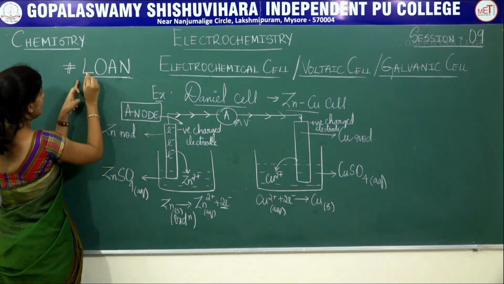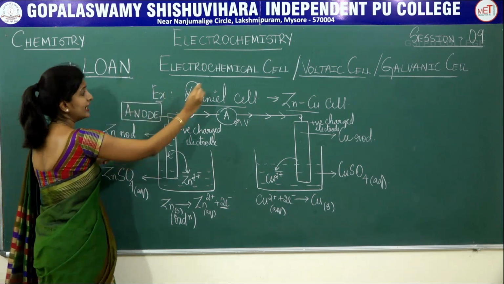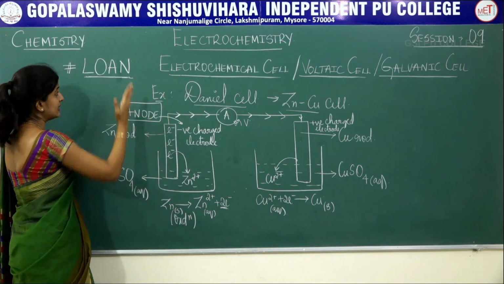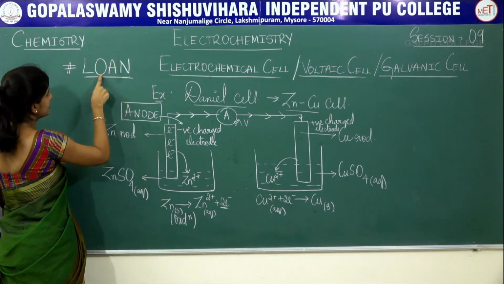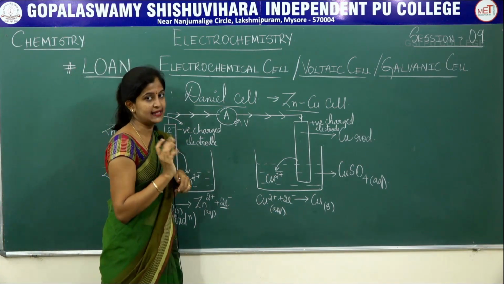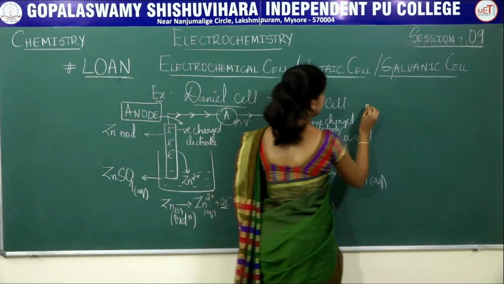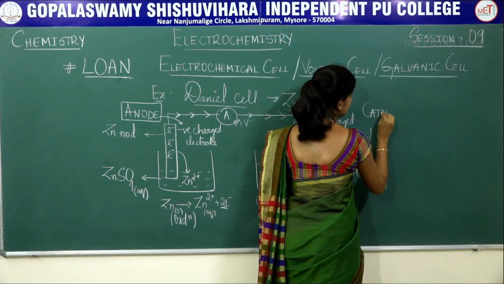So remember this: left, oxidation, anode, negatively charged for the electrochemical cell. For the electrolytic cell, till here it is the same, left side, oxidation, anode, but it is positively charged. Obviously, if this is the anode, this is your cathode.